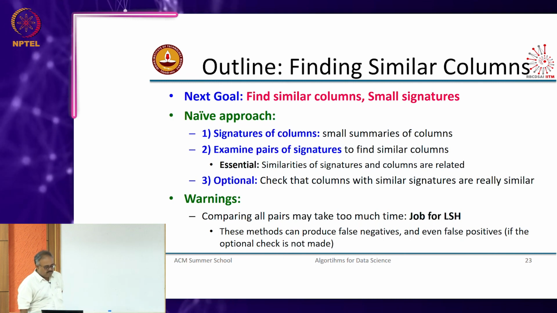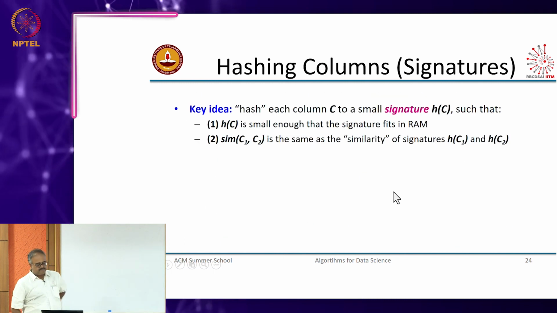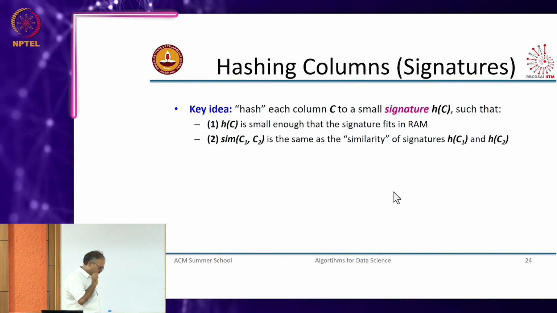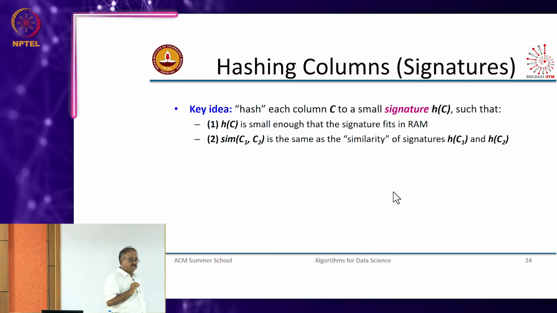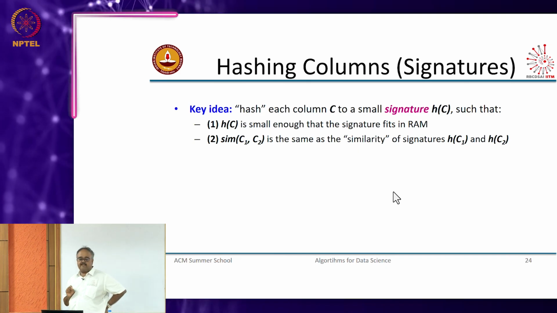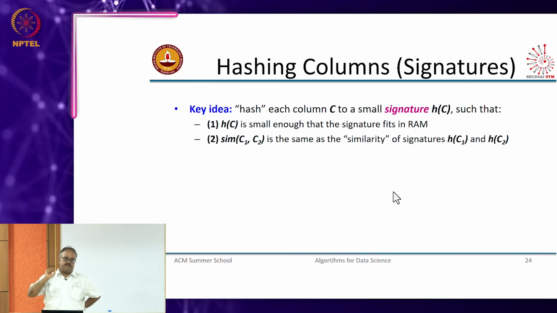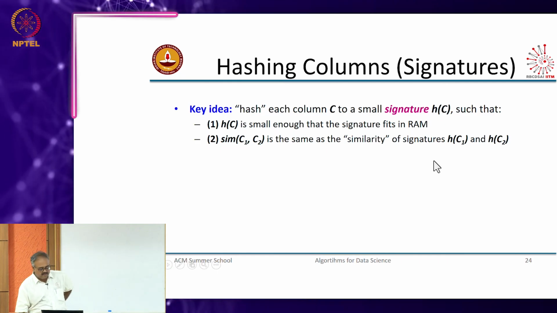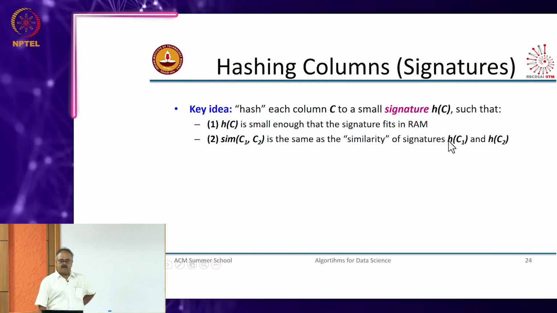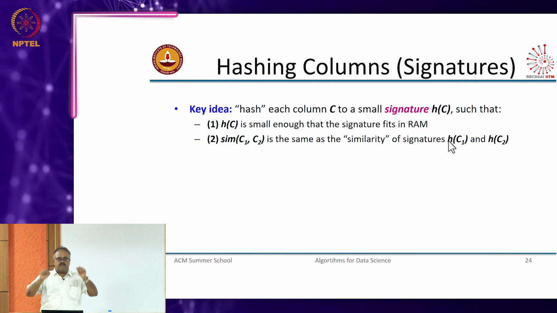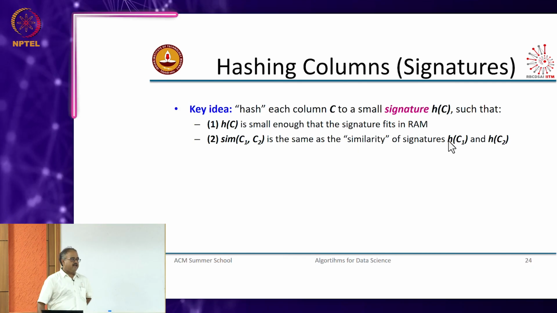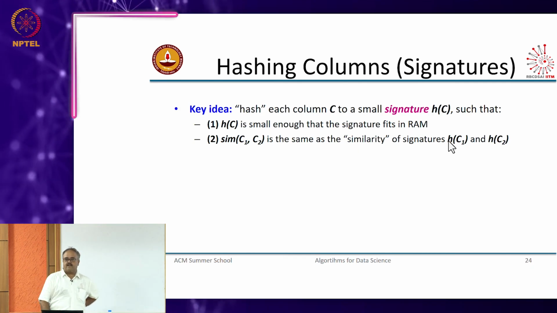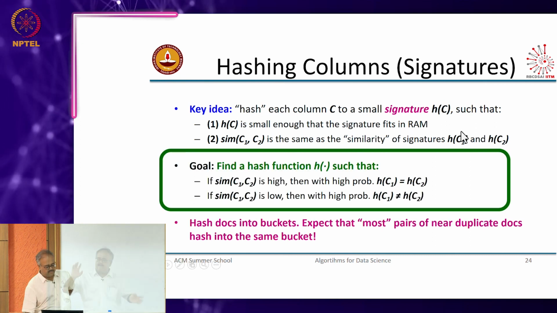So we'll introduce a hash function that allows me to reduce the representation to a small signature, and if two signatures are similar in some way, then the documents C1 and C2 are also similar. That's what we are shooting for.